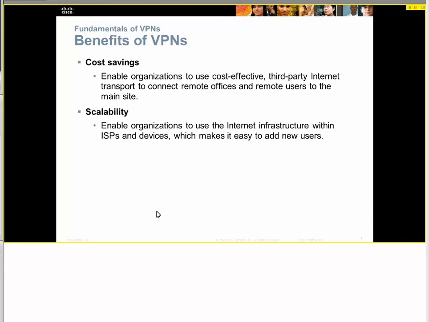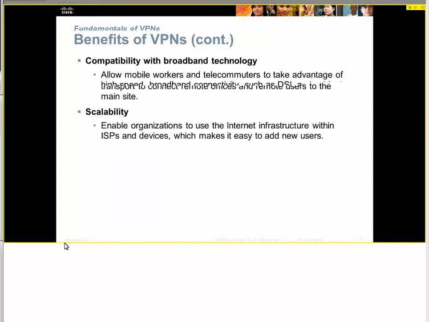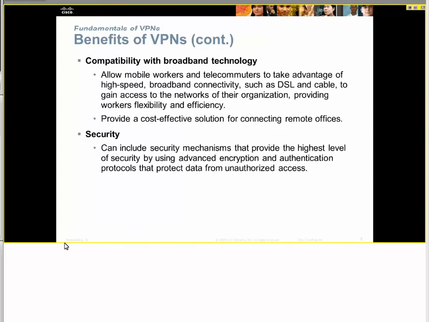So it allows us to gain a bit of scalability as well. It's compatible with all broadband technologies. It doesn't matter how you connect to the internet. It doesn't matter how you connect to your cloud, because this occurs, and this is the important thing, VPNs occur at layers 3 and above.